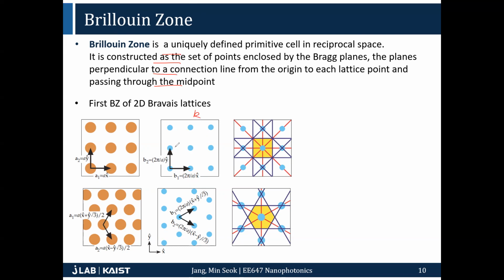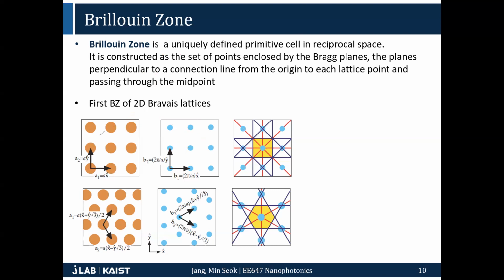As I said, if you have a Bravais lattice in real space, you have a reciprocal space and also reciprocal lattice points. The Brillouin zone is basically the area or the volume that each point in reciprocal space covers. So let me tell you how to find it.